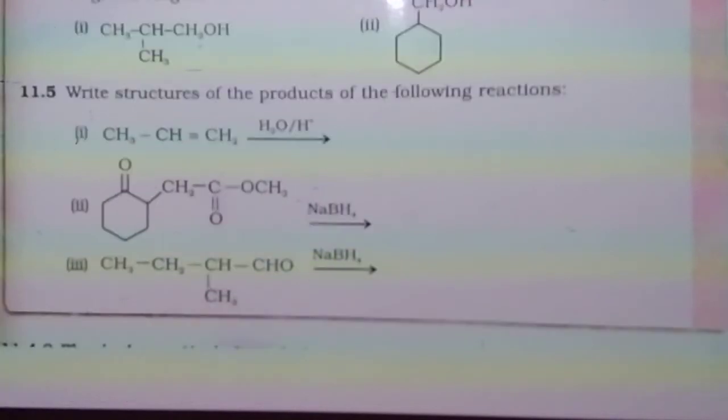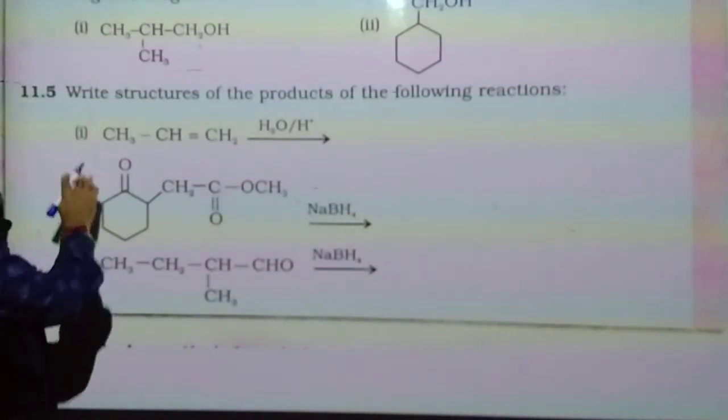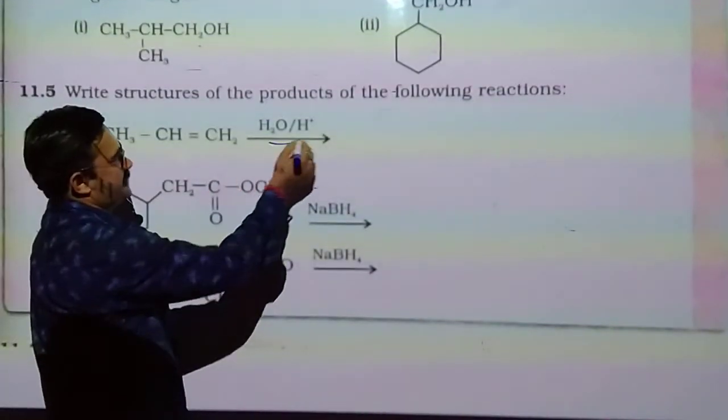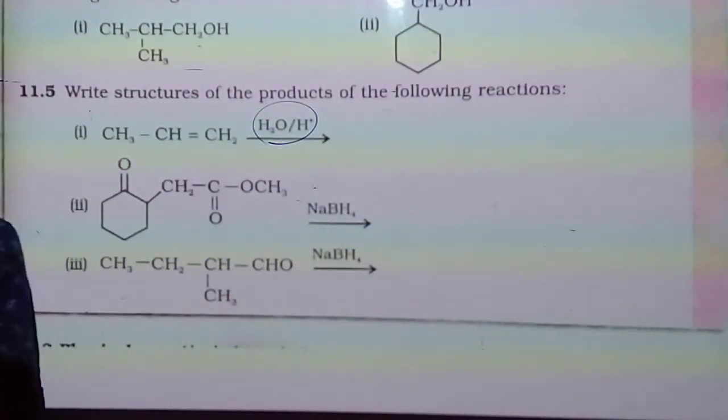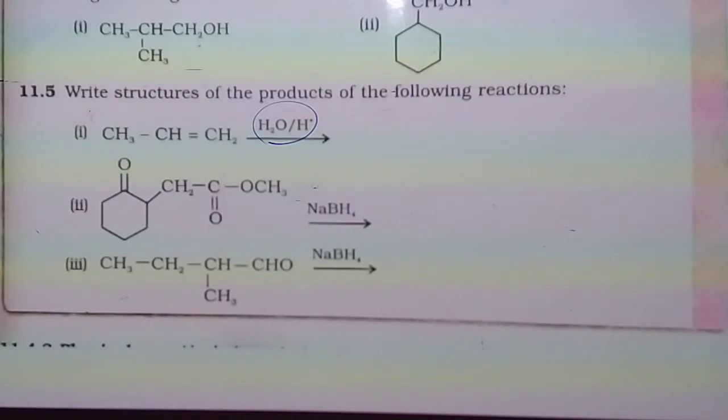Fill in the blanks. Write the structure of the product of the following reaction. Yes, sir. Here an alkene is given. This is hydration, acid catalyzed hydration, hydrolysis with water.